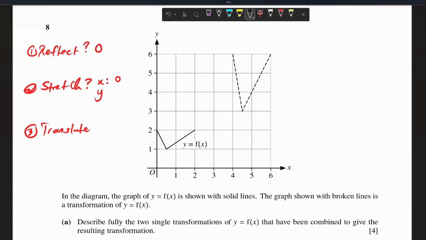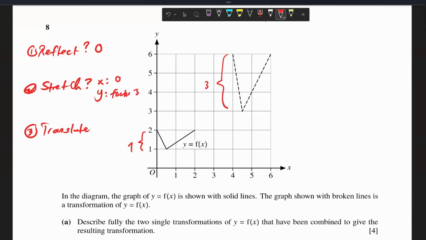Let's check the y stretches, the ones parallel to the y-axis. The vertical height of the v is 1 unit. The vertical height of this image is 3 units, which means there is a vertical stretch going on by a factor of 3.